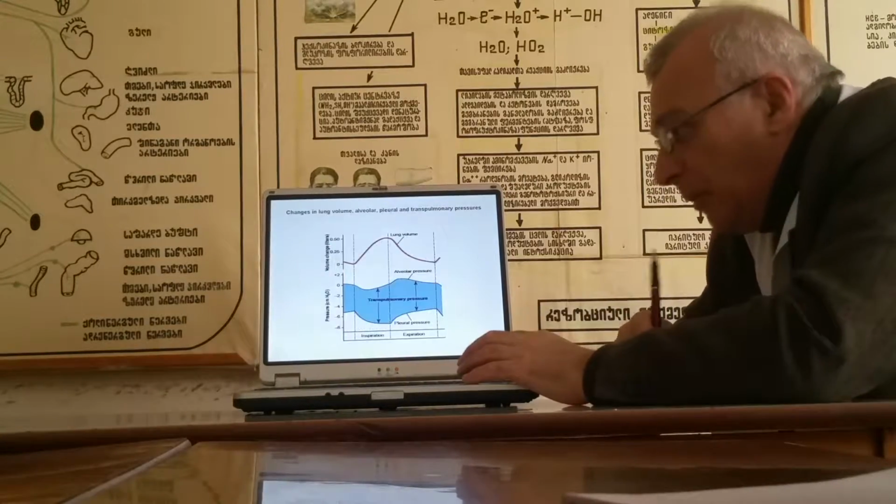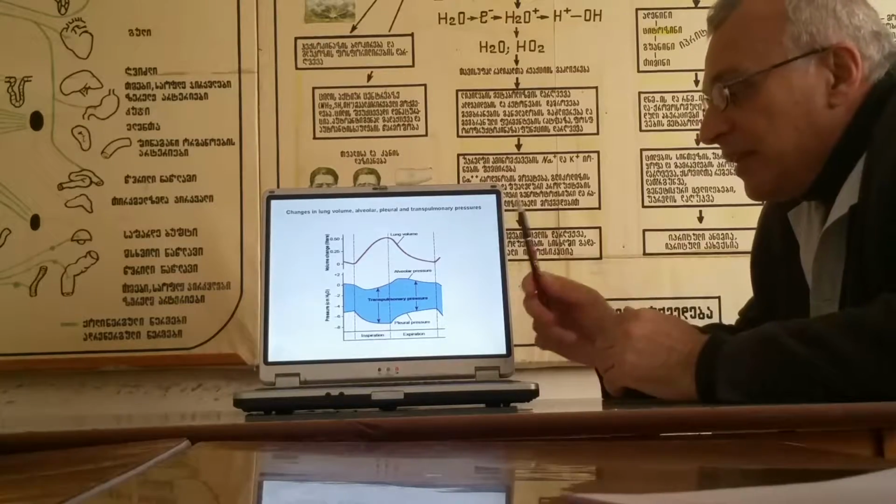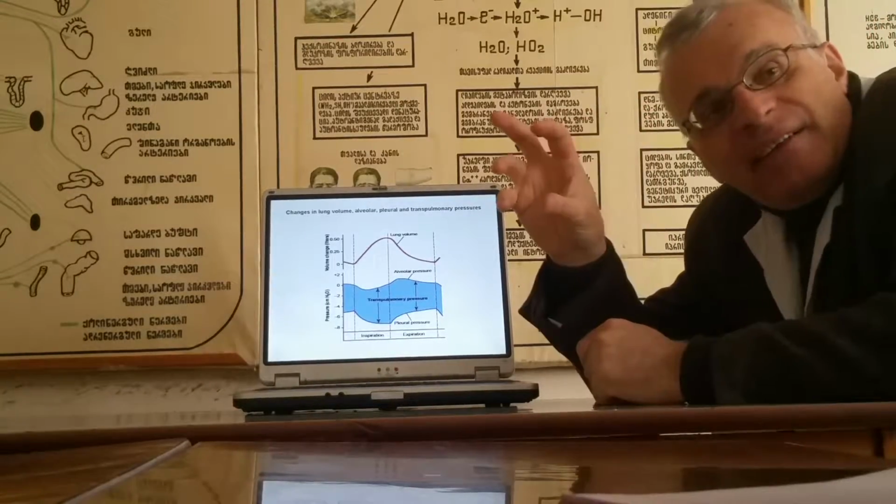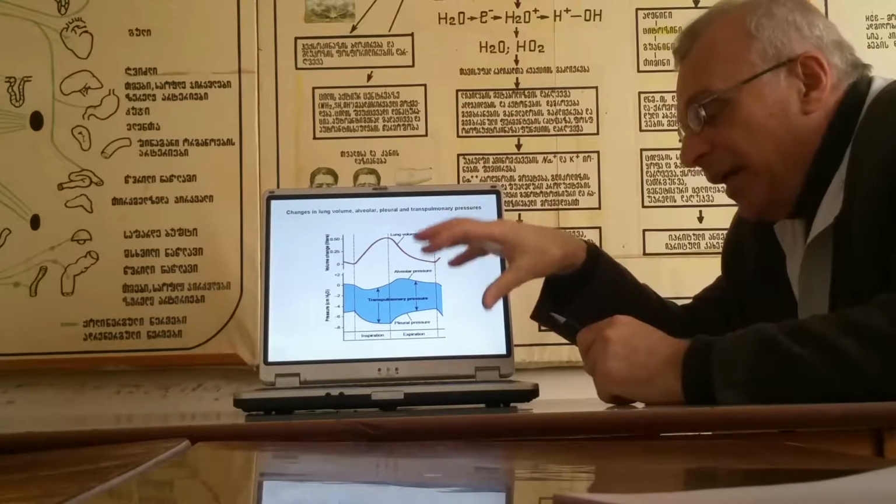Yes, but here you can see now the physics of air movement.